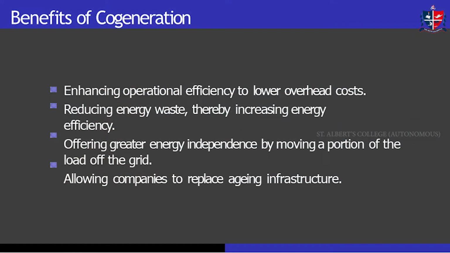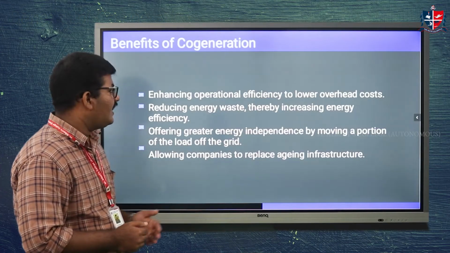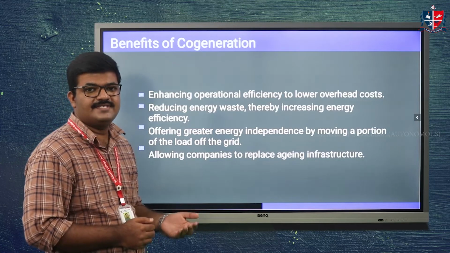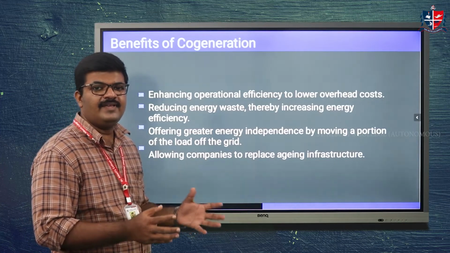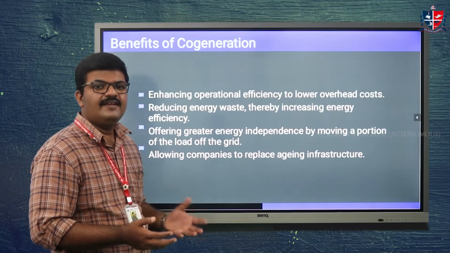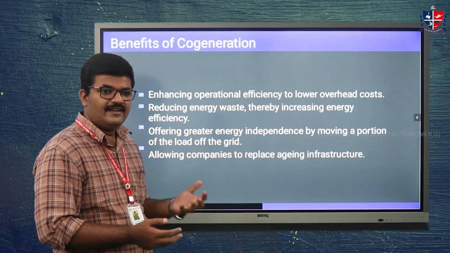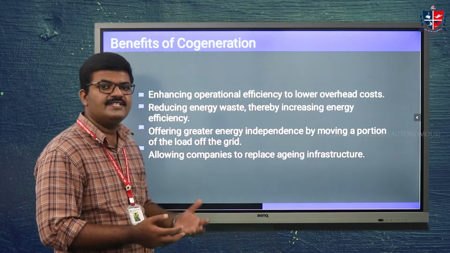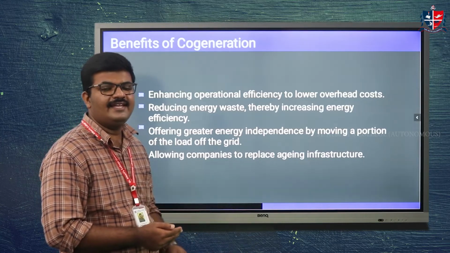There are a number of benefits of cogeneration. The best thing related to cogeneration is that it enhances the efficiency of the system. Generally, the waste heat that is dissipated to the atmosphere can cause heating of the atmosphere. By utilizing this heat energy, we can generate electricity, which can be used for the working of the entire system.